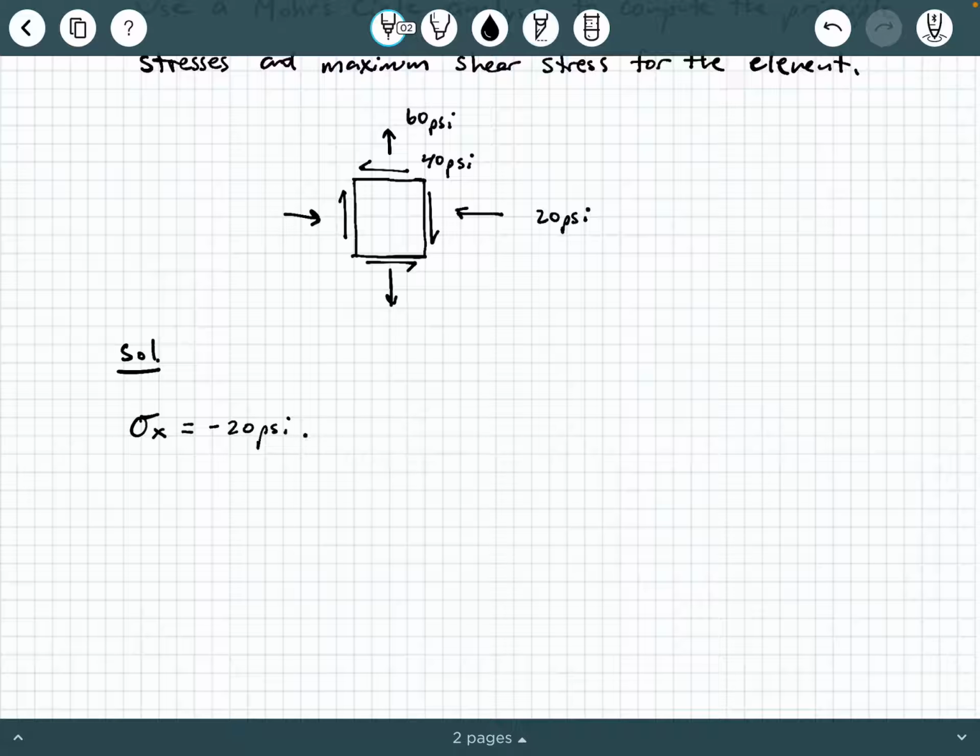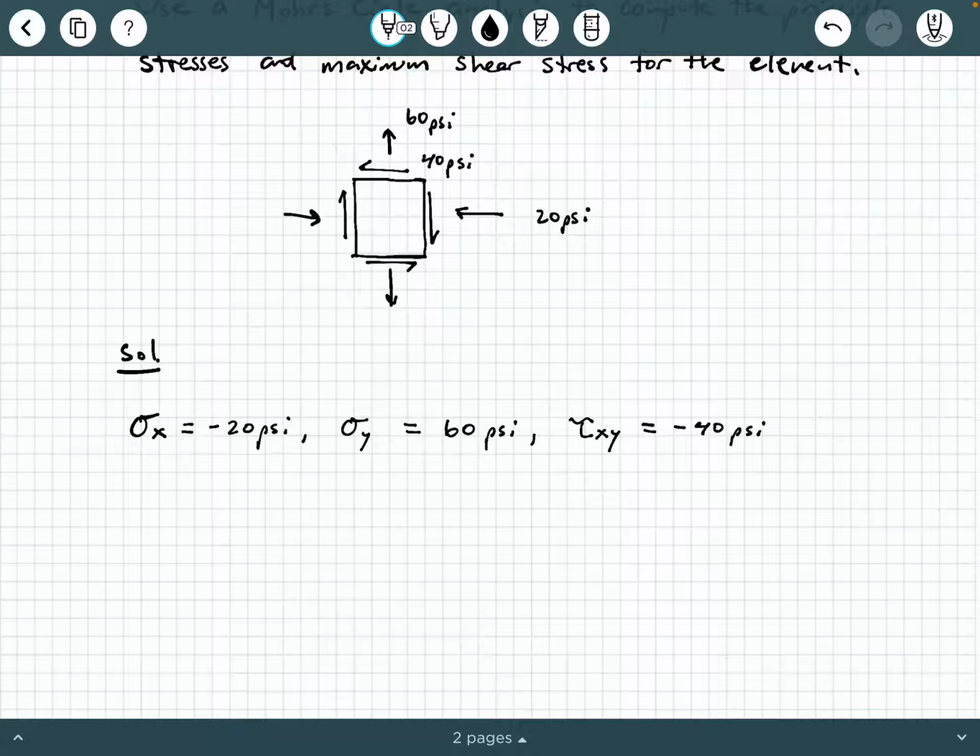Then we have sigma y acting in tension on the two horizontal faces, and that's going to be equal to 60 psi. So that's positive because it's acting in tension. And then we're going to have tau xy, and that's going to be negative 40 psi. If you're a little rusty on the sign convention of the stresses acting on an element, you can go back and rewatch one of my previous videos that provides background information on this topic.